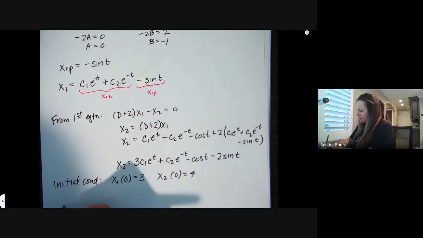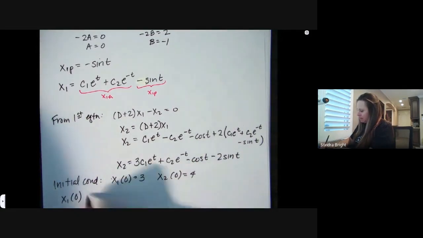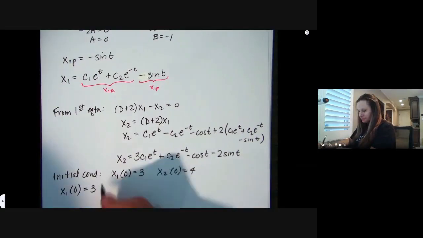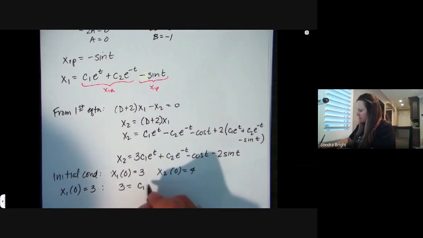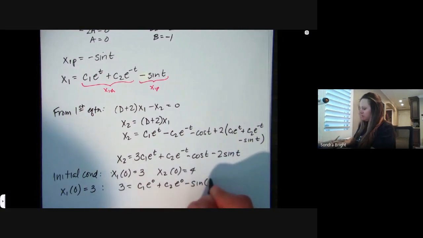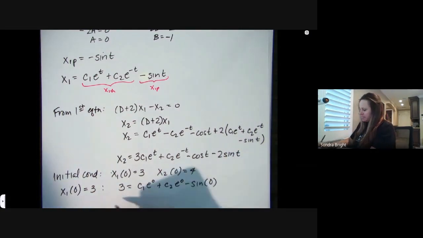So let's start by plugging in that x1 at 0 is 3. That would give you 3 is equal to c1 e to the 0 plus c2 e to the 0 minus sine of 0, which just means that you've got 3 is equal to c1 plus c2.